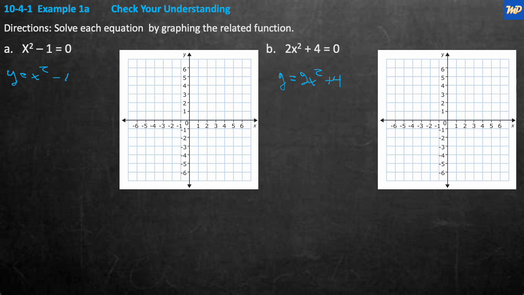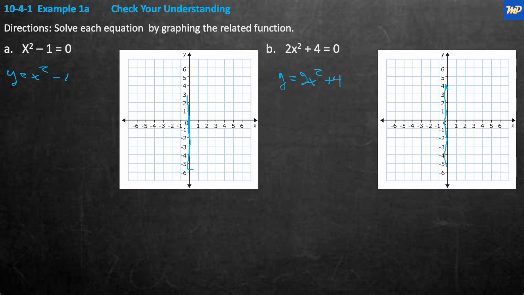So again, that means that our axis of symmetry is along the line at the 0 on the x-axis. And we can tell that both graphs open up because there's a positive a term in both graphs.